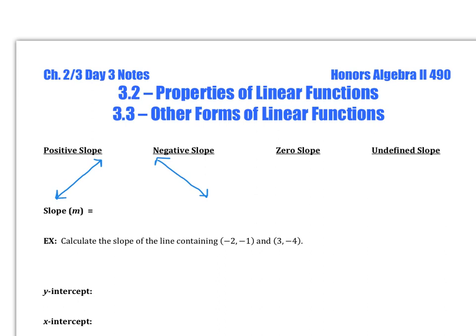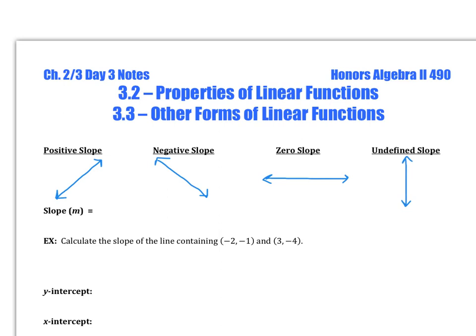What is a zero slope? What kind of line is that? Well, hopefully we remember that a zero slope is a horizontal line. There's no rise, but there's an infinite run. And so an undefined slope is going to look something like this.